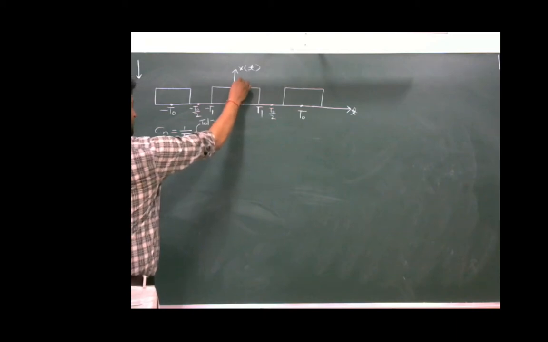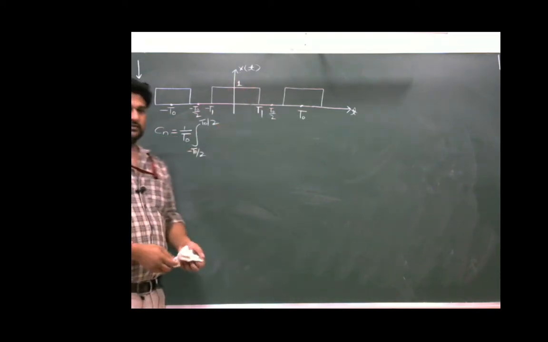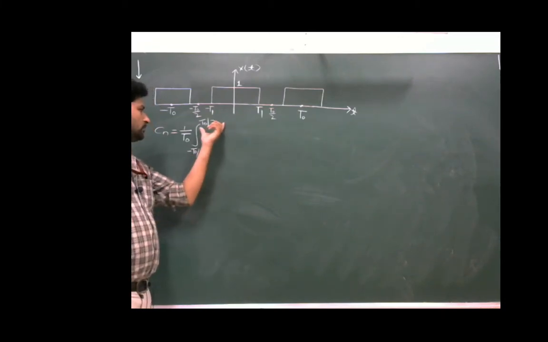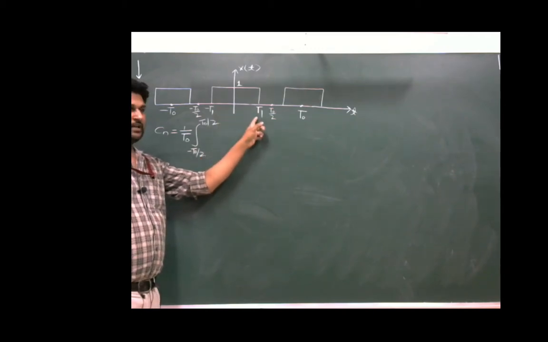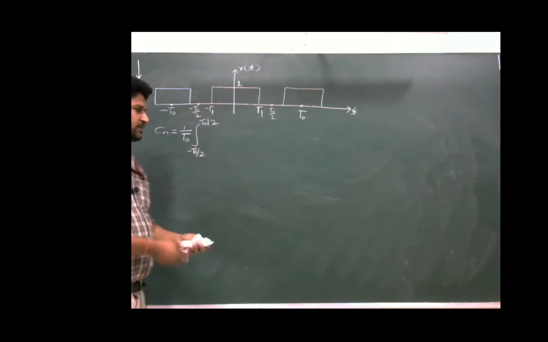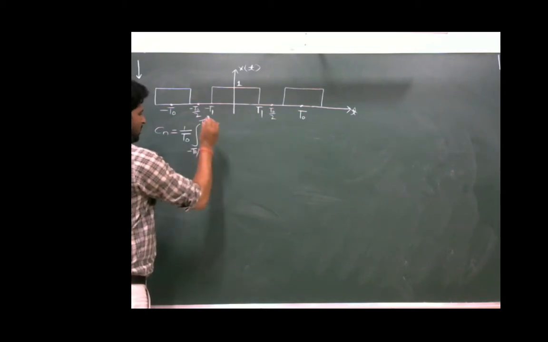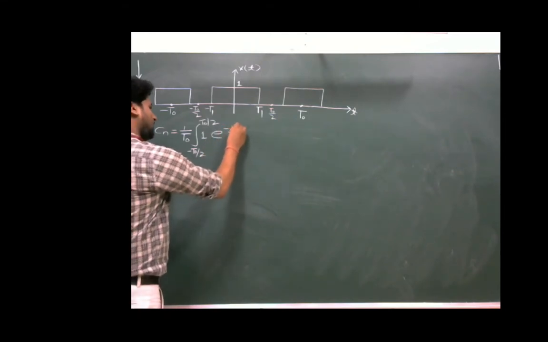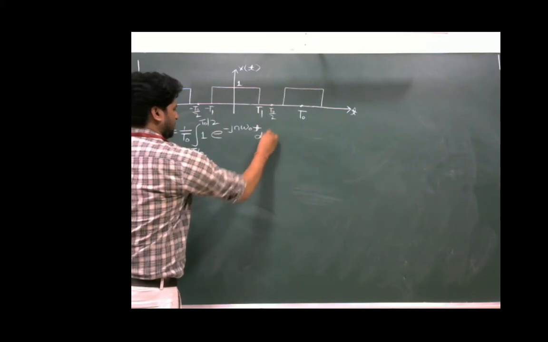Amplitude of the signal is 1. It means that from minus t naught by 2 to t naught by 2, in minus t1 to plus t1, the value of the signal is 1, so x(t) is equal to 1, I will put here, and then e power minus j n omega naught t dt.